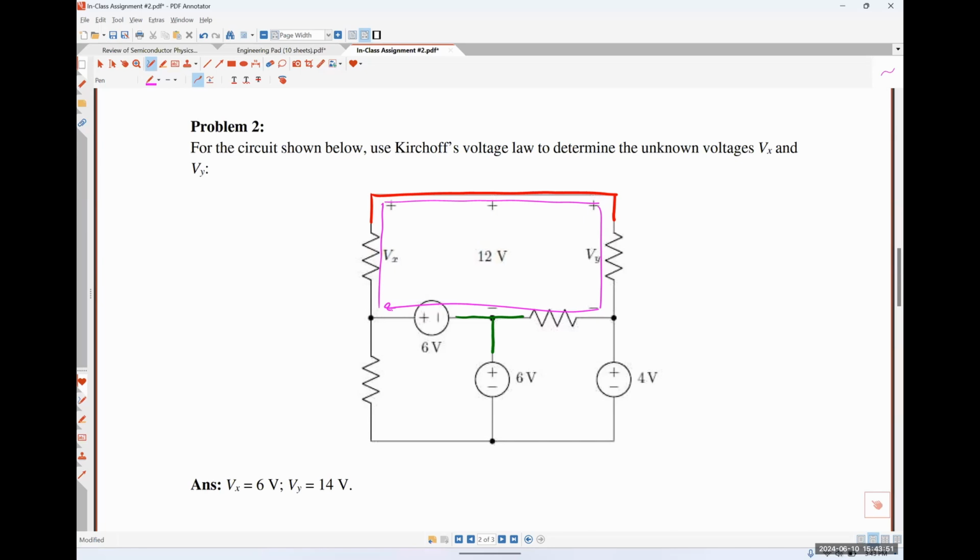However, it's not a good closed path for us to use because it contains the unknown voltage Vx. It also contains the unknown voltage Vy, and it contains a voltage drop across a resistor right here where we don't know anything about this resistor at all. We don't know the current, we don't know the voltage, and we don't know the resistor value. So this would be a terrible path to use to try to solve this question. Instead, we might use a path like this.